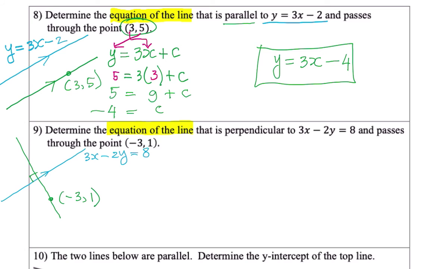We are going to subtract 3x both sides. So you will have minus 2y equals minus 3x plus 8. And then we have to divide by negative 2 both sides. So we have y equals, let's do this 1 by 1, meaning we divide negative 3 by negative 2.